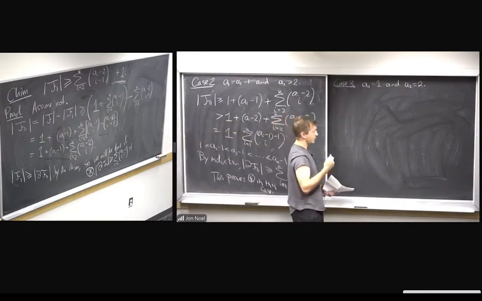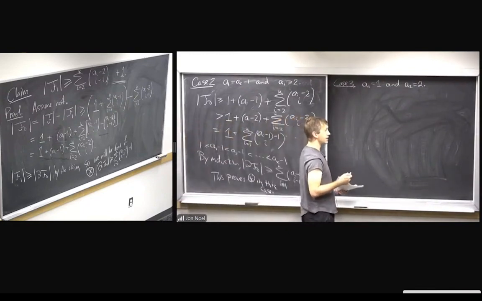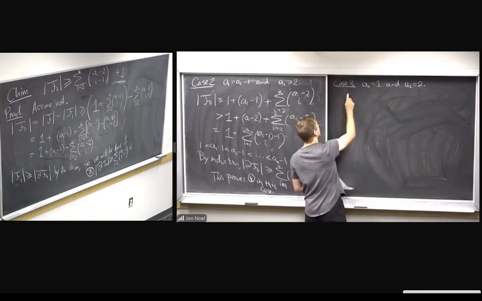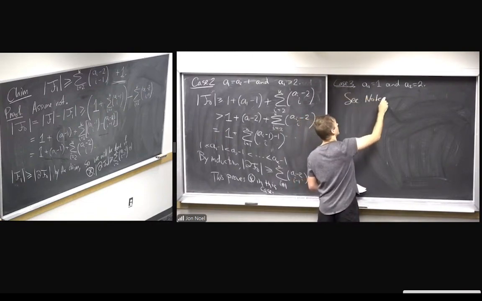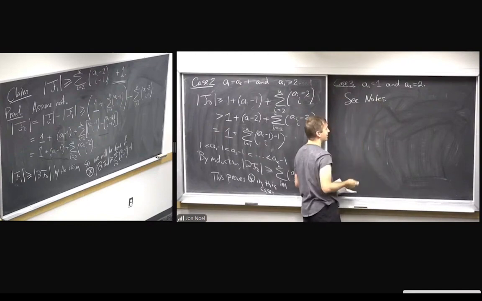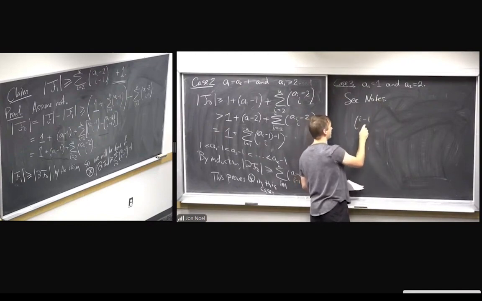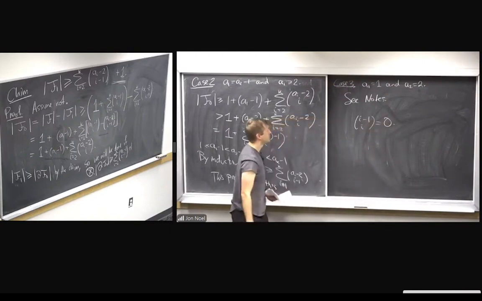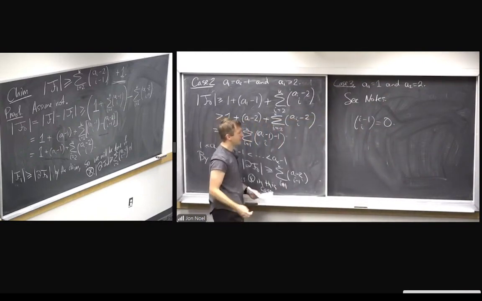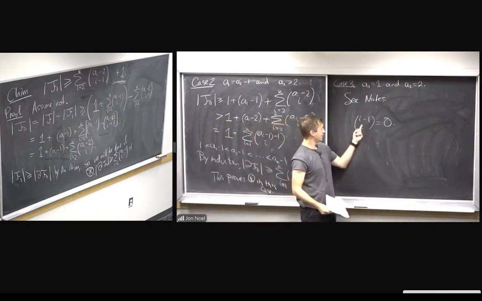Maybe for the sake of time, because I really want to get to the very last bit of the proof, let's just say for this one, see the notes. But the crucial thing in this one is the kind of trivial fact that if you have i minus one choose i, that's always zero.